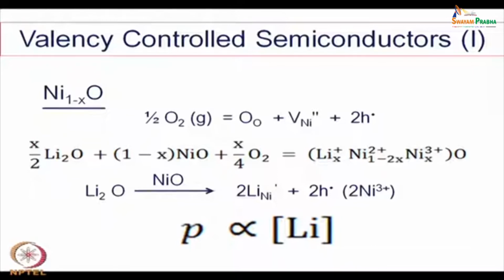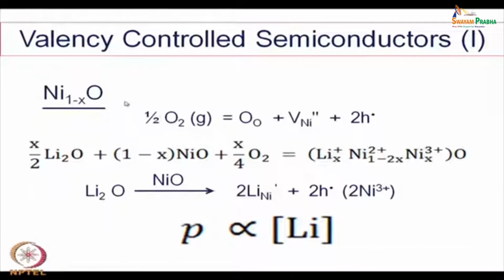That means basically the valency of the host cation changes, which we have seen earlier because of the creation of intrinsic defects, but here we are inducing a changeover of the valency of the cation, and that is how it is called valency controlled. The valency is controlled by adding certain impurities.